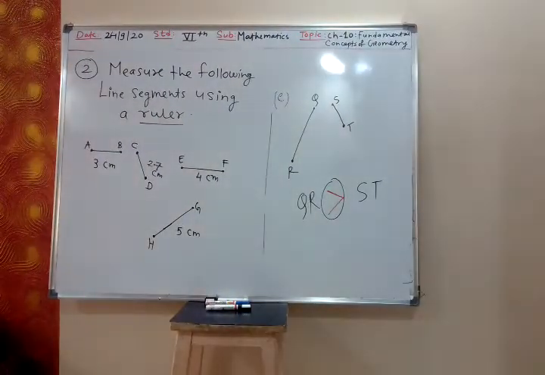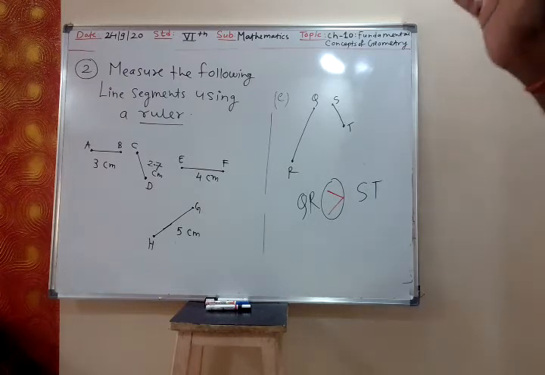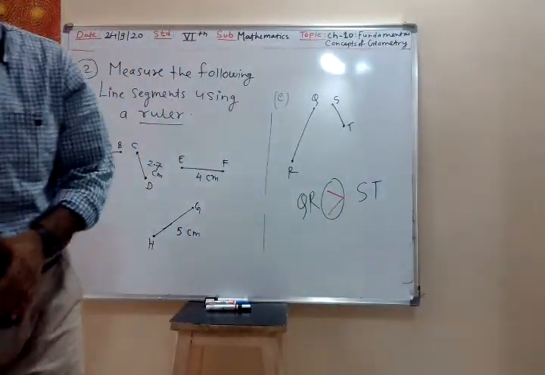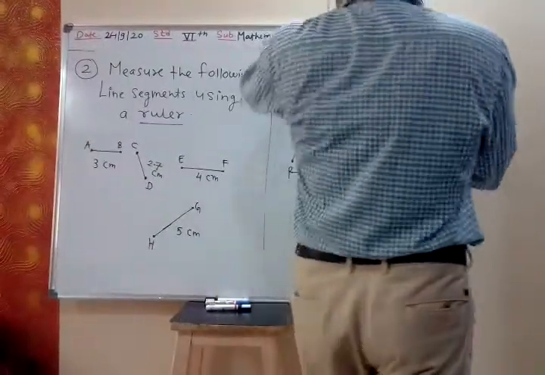Third is 4. Fourth is 5 centimeter. See, second is 2.7 centimeter. Third is 4 centimeter. Fourth is 5 centimeter. Now draw that. Now only 4 are there.